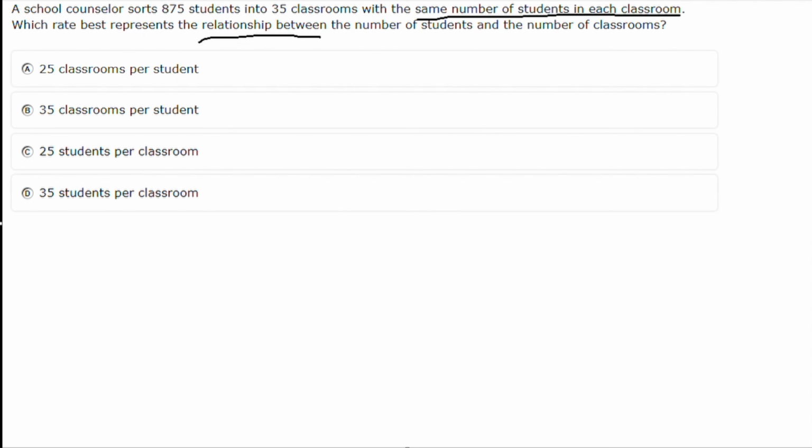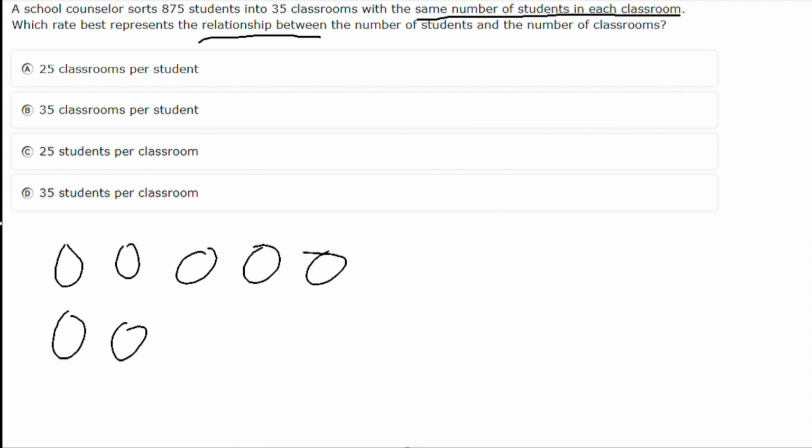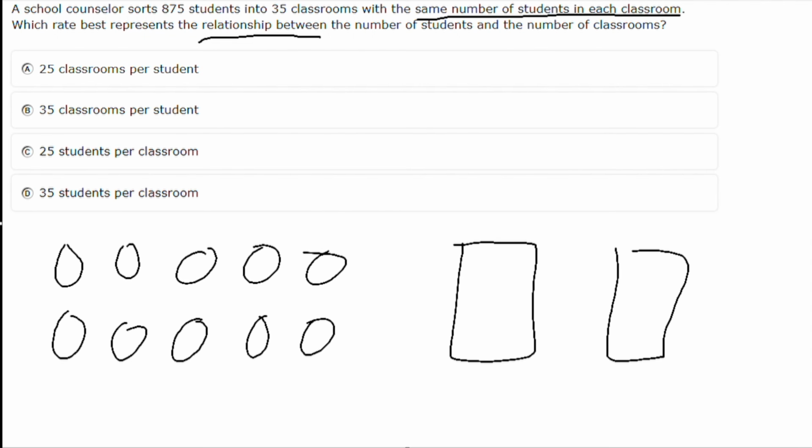All right, so it's like saying I have 10 apples. I always like putting things into simple terms. I have 10 apples and I have 2 grocery bags, and I want to split everything evenly.